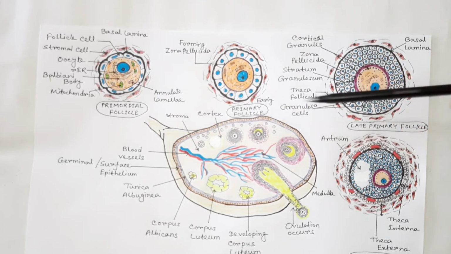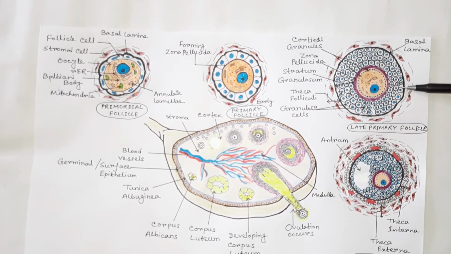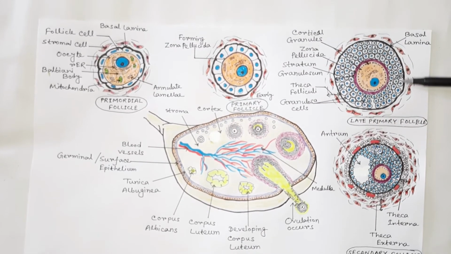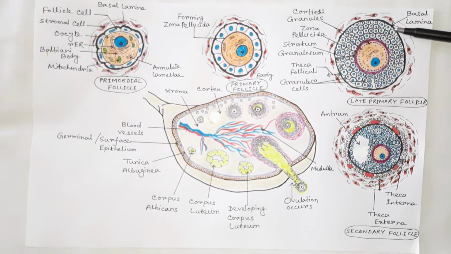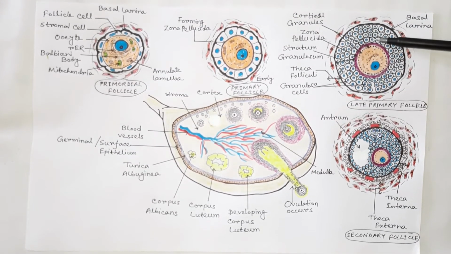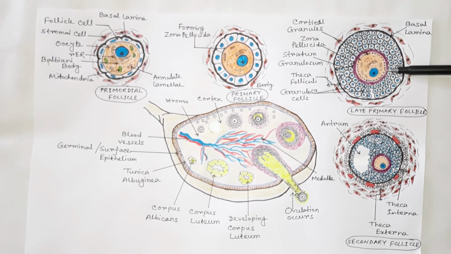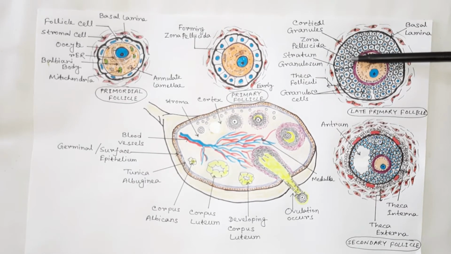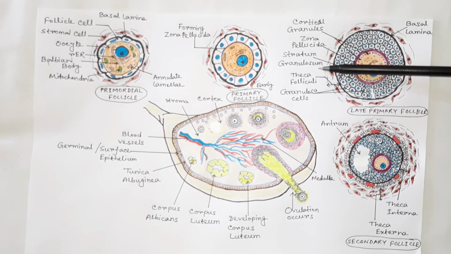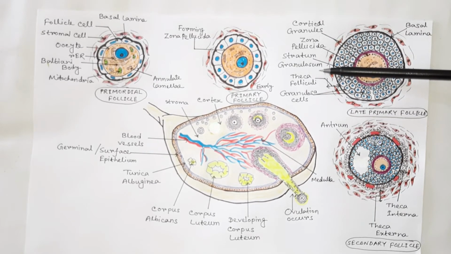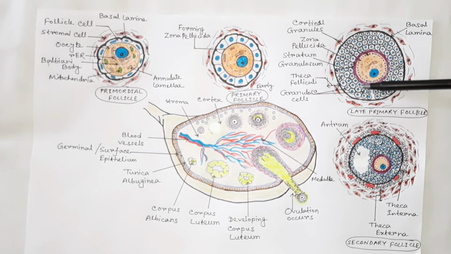This is a diagram of a late primary follicle. Here, the single layered follicle cells give rise to a stratified epithelium through rapid mitotic proliferation. This is known as the membrana granulosa or stratum granulosum and surrounds the oocyte.